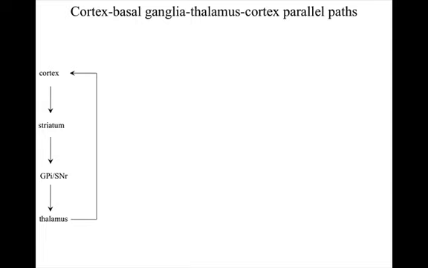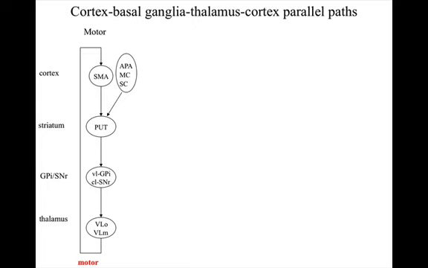Furthermore, motor movements aren't the only behaviours that are influenced in this fashion. There are a number of parallel paths from the cortex through different parts of the basal ganglia and thalamus and back to the cortex. These involve different cortical areas, different regions of the basal ganglia and thalamus.